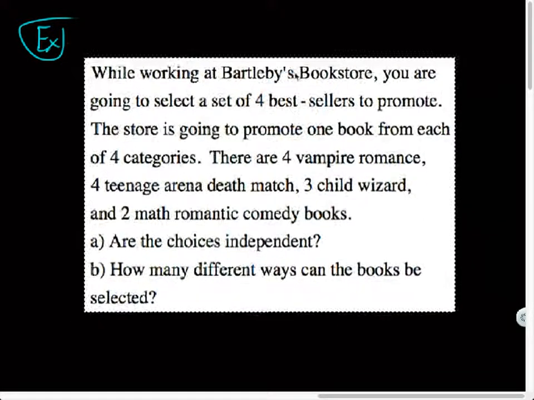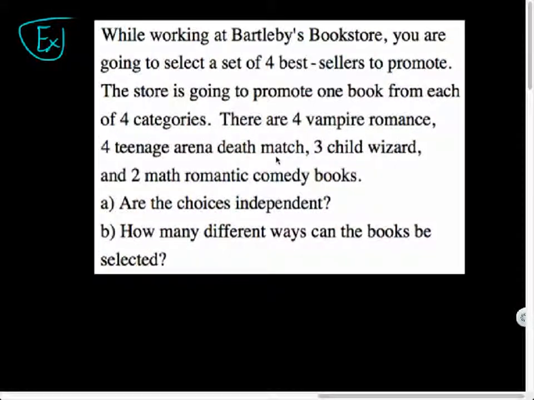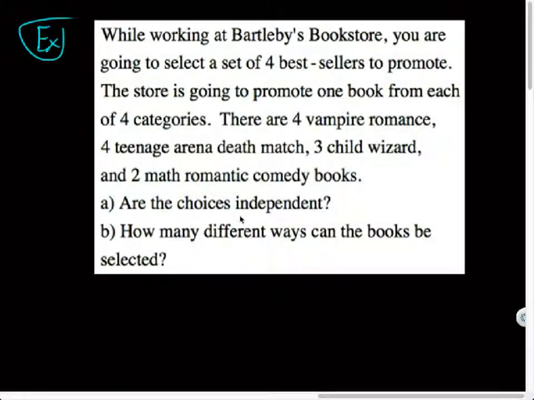Working at Bartleby's bookstore, you are going to select a set of 4 bestsellers to promote. Maybe they do this monthly. The store is going to promote 1 book from each of 4 categories, so you're selecting 1 from each genre.